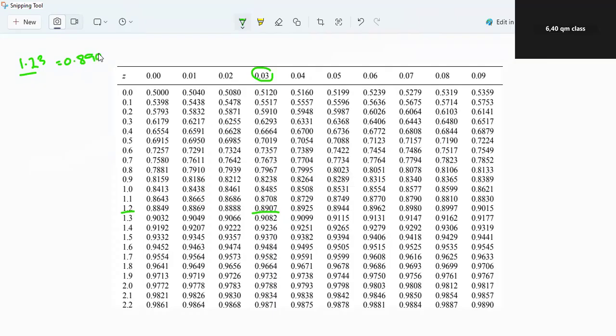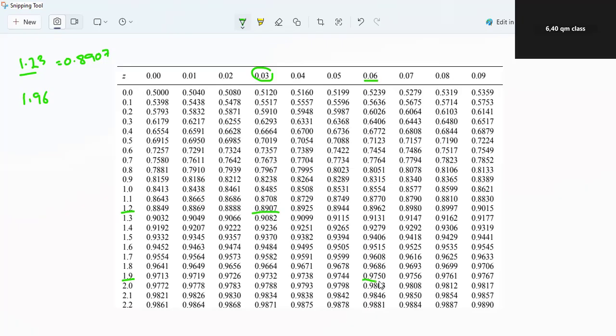Okay, can somebody help me? What is the reading of 1.96? Where do we go? 1.9 and 0.06, where they meet here.